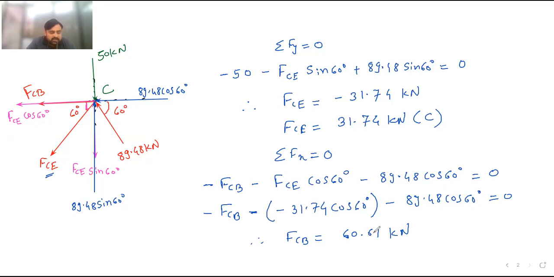Somebody has told me that 60.61 is the answer. Negative. Okay, so this is the negative answer. So therefore, FCB is equal to, what is the correct answer then? 60.61 kilonewton compressive. This is the answer.